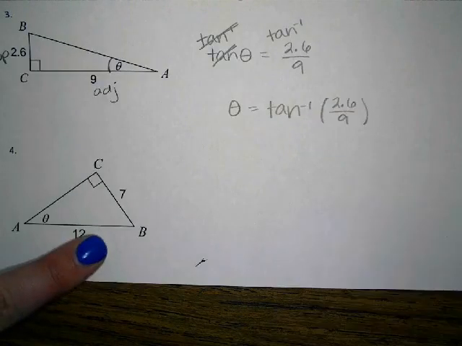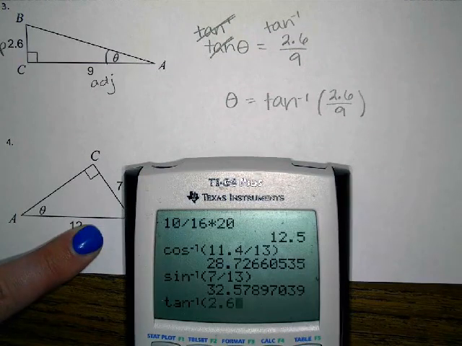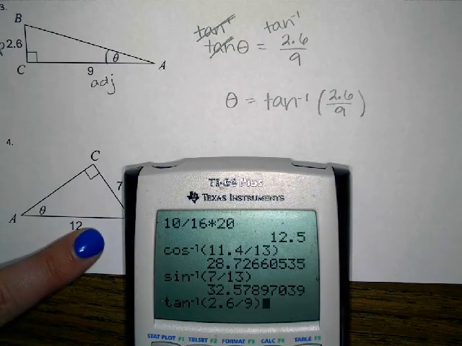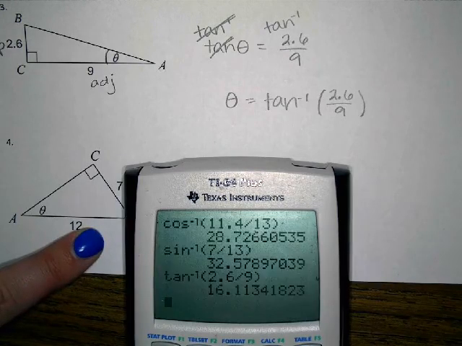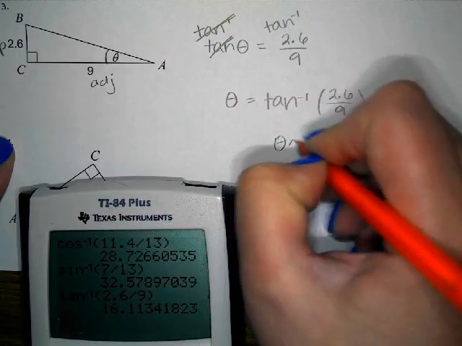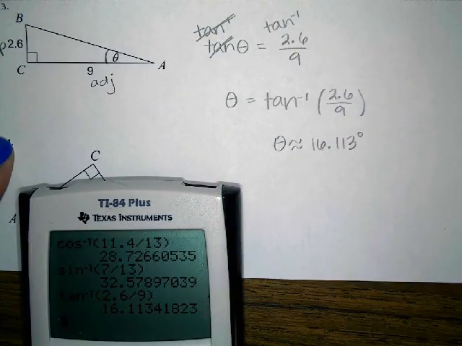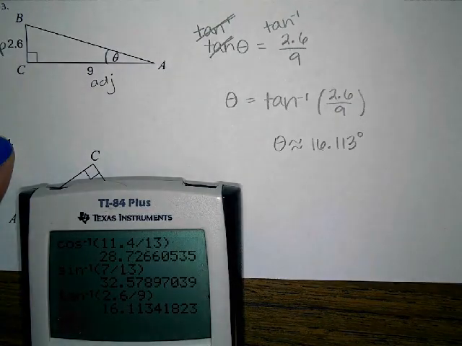And so in my calculator, I'm going to type second tan of opposite over adjacent. And what do I get? 16.113 degrees. That's all you've got to do.